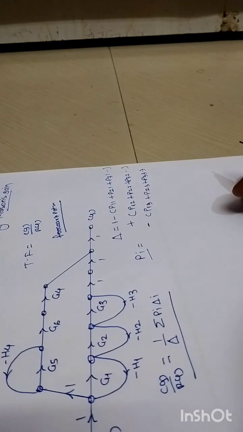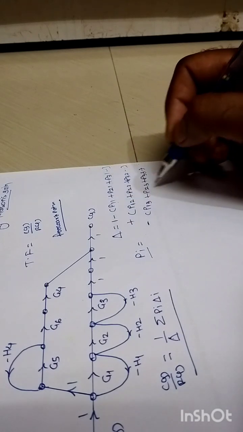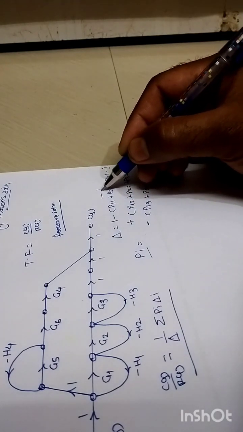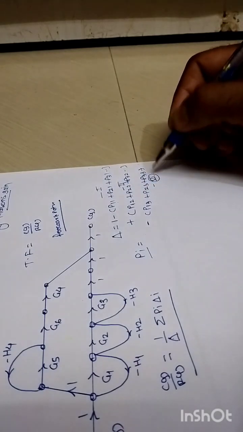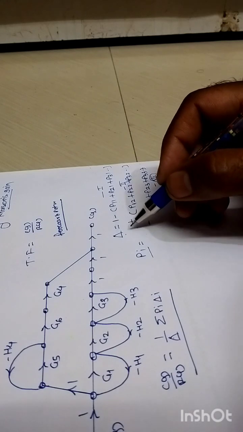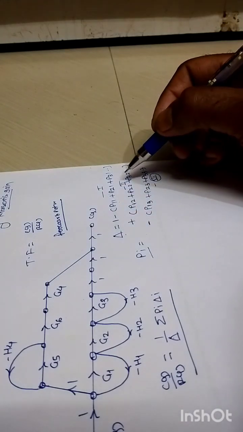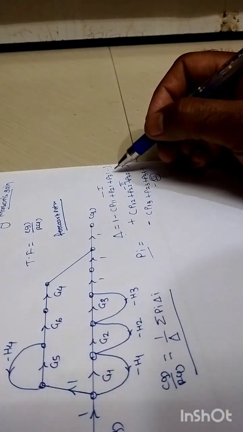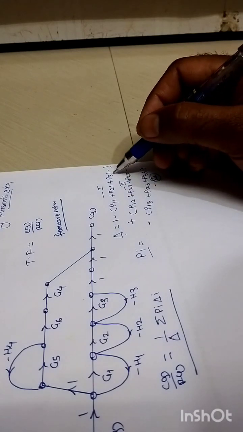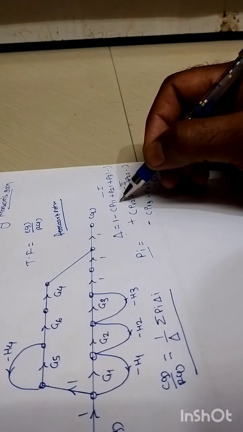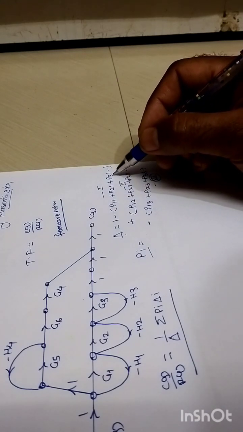Now the question arises: what are the terms written within these three parentheses? This is the first, this is the second, and this is the third. How do we get this delta? Delta equals 1 minus (P11, P21 and P31). The terms written within the first parenthesis are the sum of gains of all individual loops.